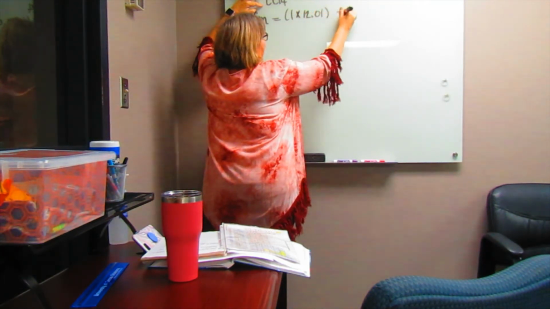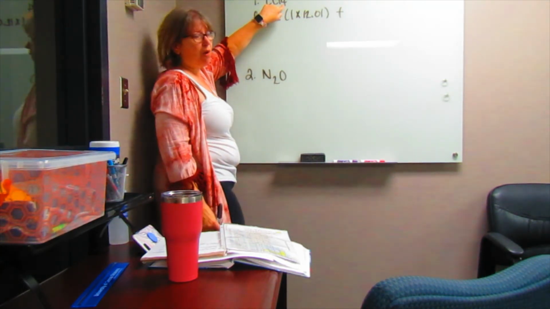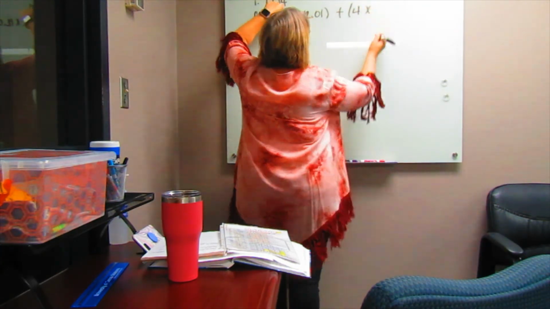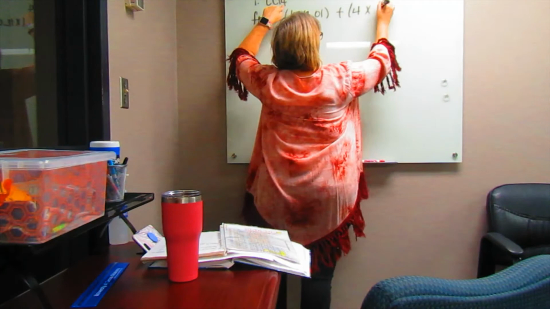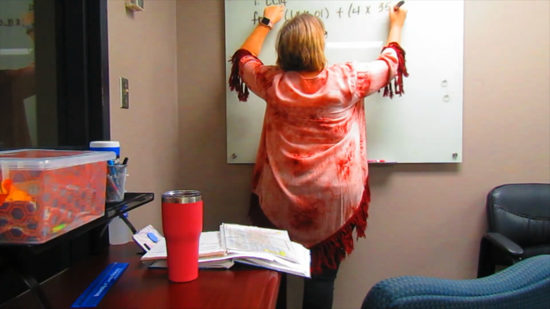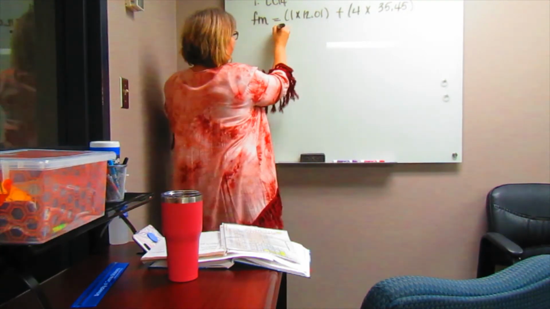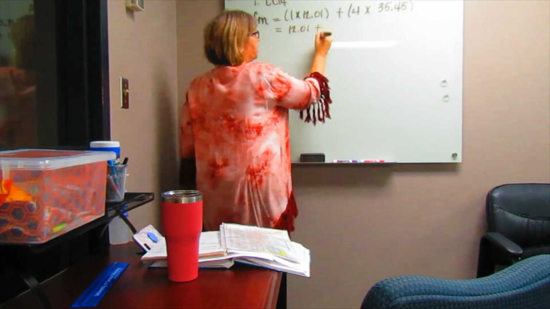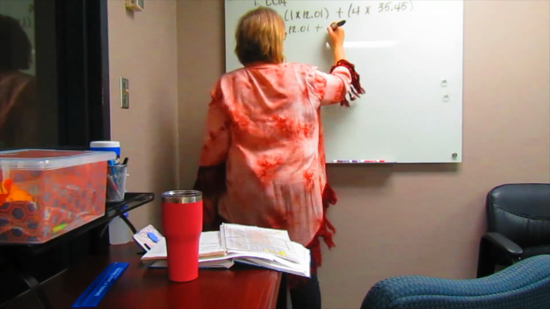And we're going to add that to the sum of 4 molecules of chlorine times the atomic weight of chlorine, which is 35.45. So that's going to give us 12.01 plus 141.80.